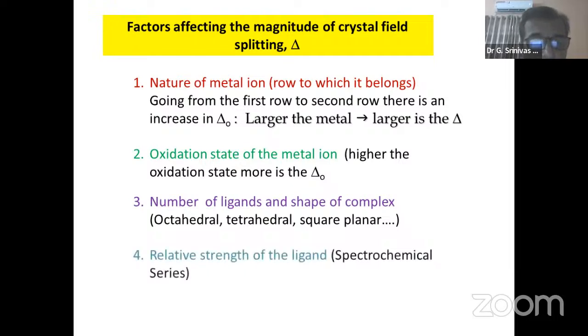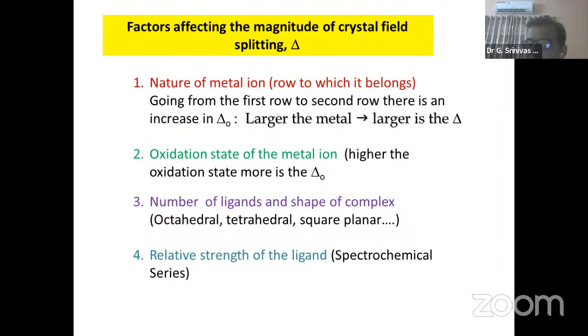And the fourth, the relative strengths of the ligands, that is the spectrochemical series. In the beginning itself, I said the ligand field strength. If you arrange the ligands in increasing order of field strength, that forms a series called the spectrochemical series. So the strength of the ligand also affects the crystal field stabilization energy.